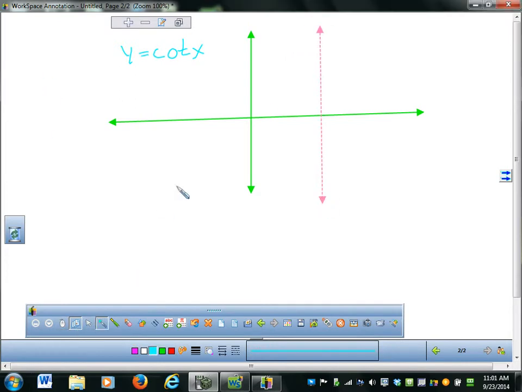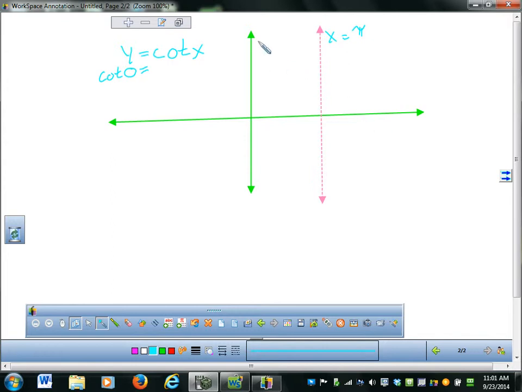What's the cotangent of 0? What's x over y at 0? At 0 radians, on the unit circle, we're at the point 1 comma 0. So it's 1 over 0, which is undefined.